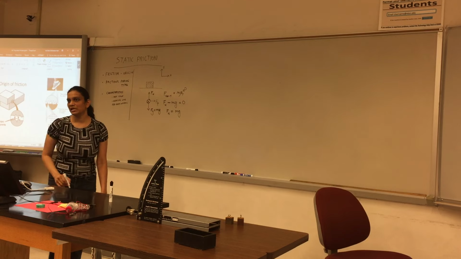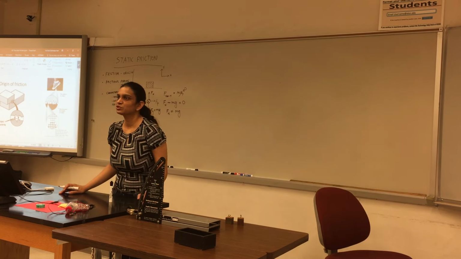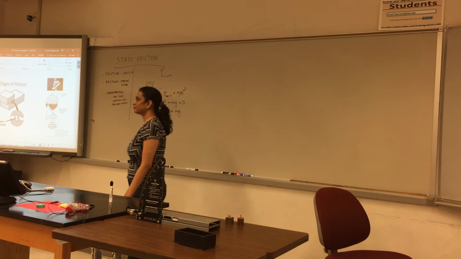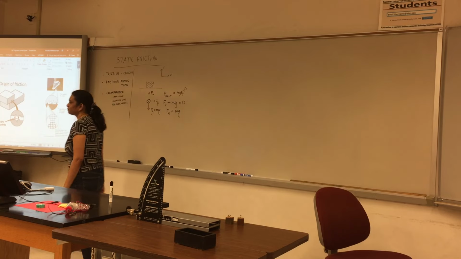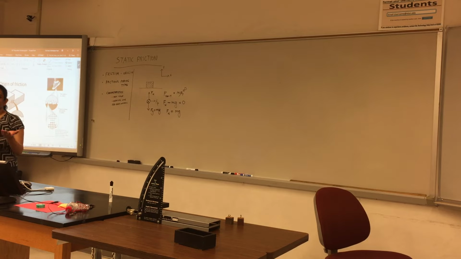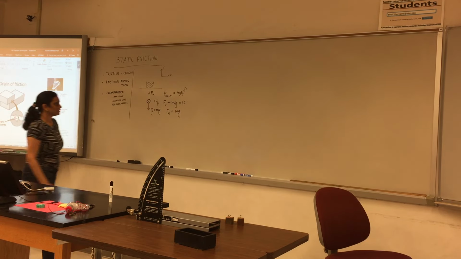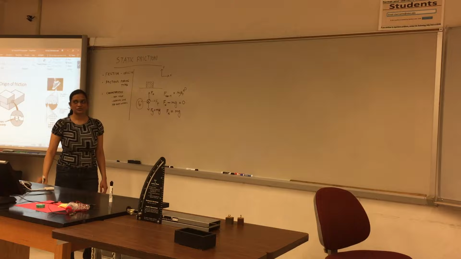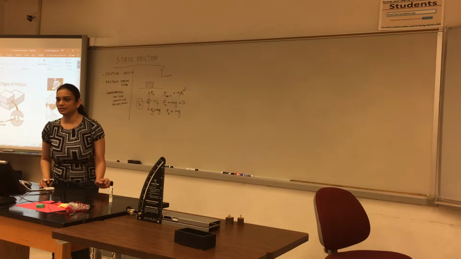Why doesn't the box slide forever? Why does it come to a stop? Because there is some kind of a force that's opposing my force of push, that's opposing the sliding motion of the box. That opposing force is the friction force, which we are going to discuss today.